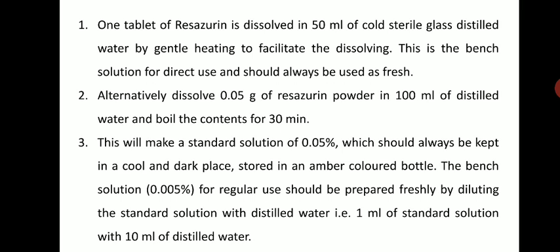For example, take 1 ml of standard solution with 10 ml of distilled water. In this test, you first prepare the standard solution, and you can use that standard solution whenever it is necessary.